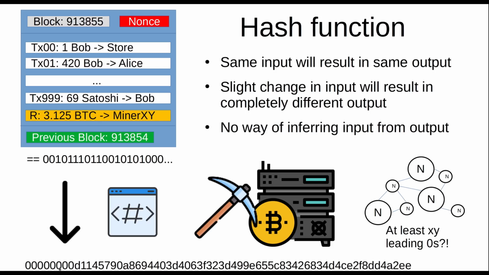They check if the output has a certain number of zeros. Now, why do they need to check the number of leading zeros, to be specific? Well, that's because Bitcoin has a mechanism where every node only accepts a new block if the output of the hash function has a certain number of zeros.